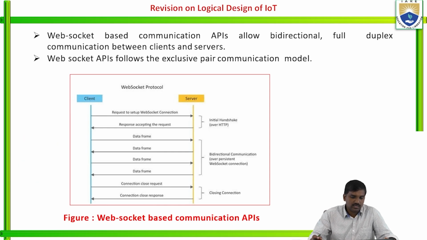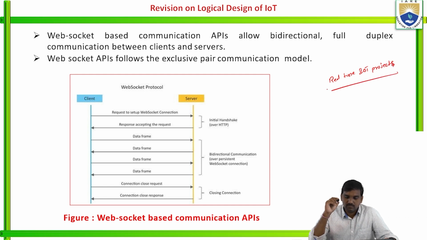And the last one, WebSocket communication API. It is very important in order to develop real-time IoT projects, which use the WebSocket communication API. It allows bidirectional full-duplex communication between the client and server.